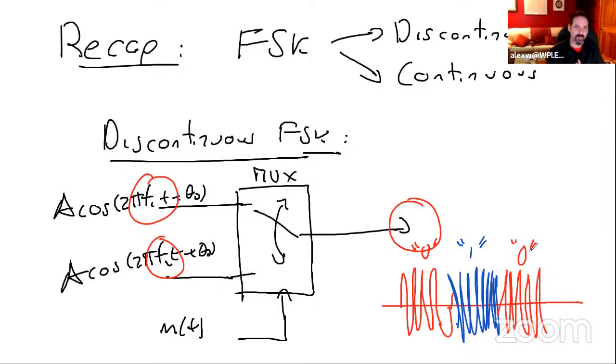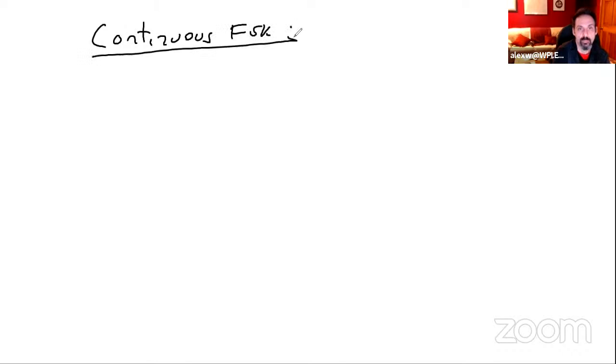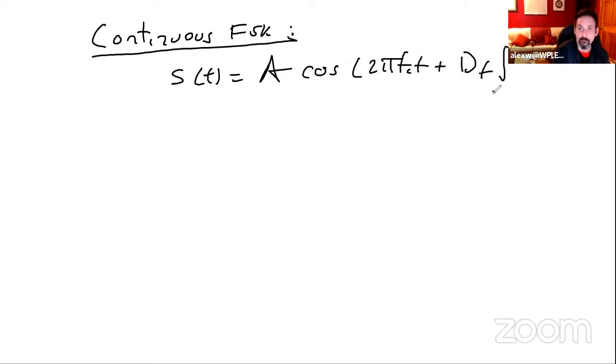So kind of abrupt, kind of discontinuous, really wasn't super great. But what we found with the continuous was a lot more elegant, a lot more graceful. So what we had there, right, is we definitely leveraged constant amplitude, and an integral of the message signal from minus infinity to t.